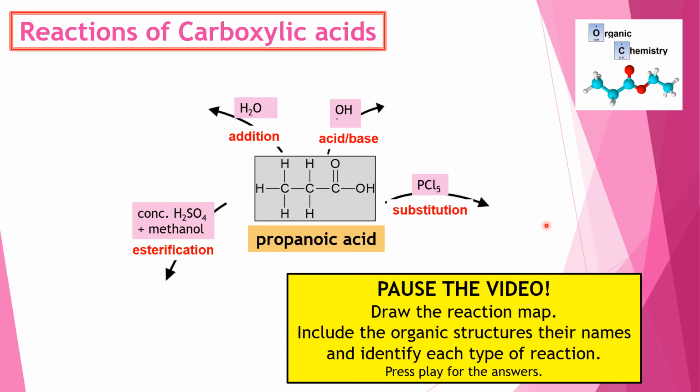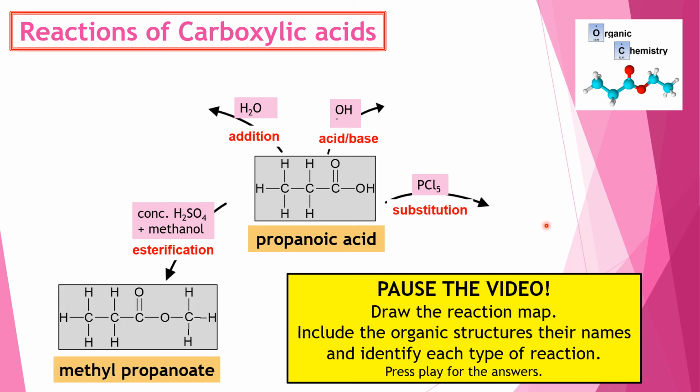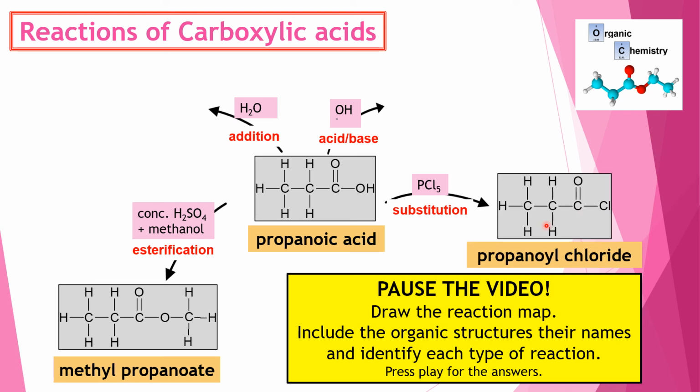we start with propanoic acid here, so let's start with the esterification. If we add concentrated sulfuric acid and methanol, the methanol will react with the propanoic acid and will make methyl propanoate. If we add PCl5, we're substituting the OH here and we get propanoyl chloride, this acid chloride.